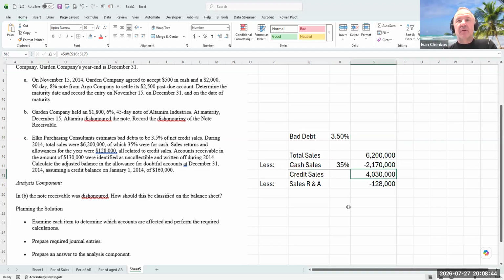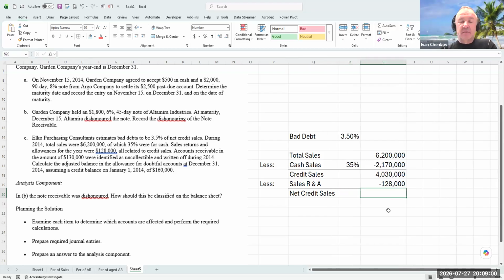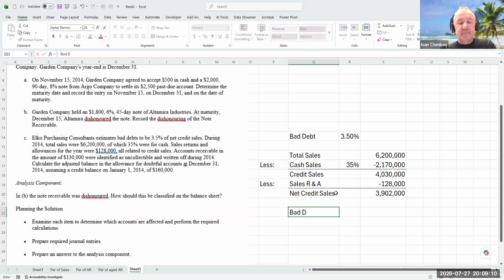So we come up with the credit sales, and we deduct the sales return allowances. Once we do that, we get the net credit sales. To the net credit sales, we apply 3.5% for the bad debt expense.